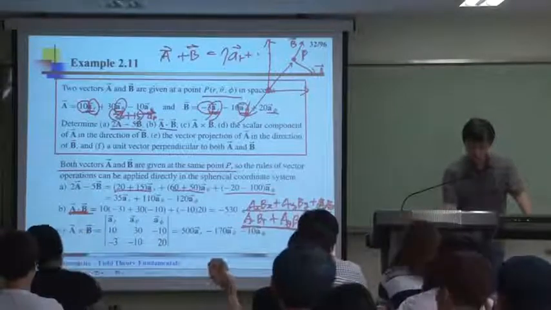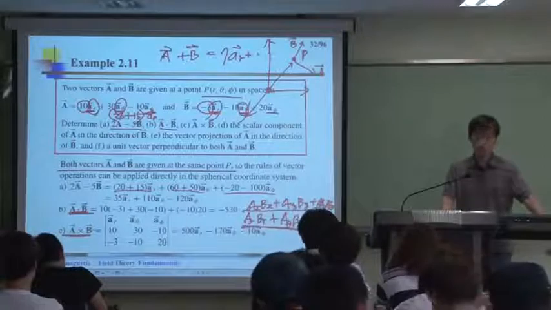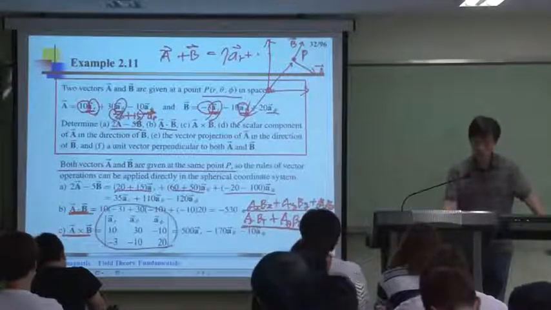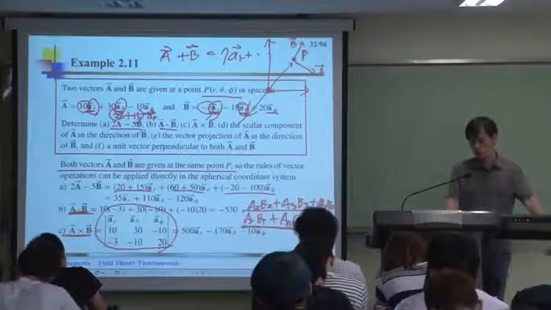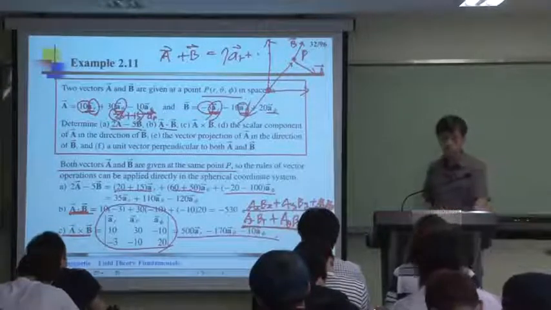Similarly, for the cross product A cross B, you can use the same equation as you have done in x, y, z coordinates. So directly you can get the result.